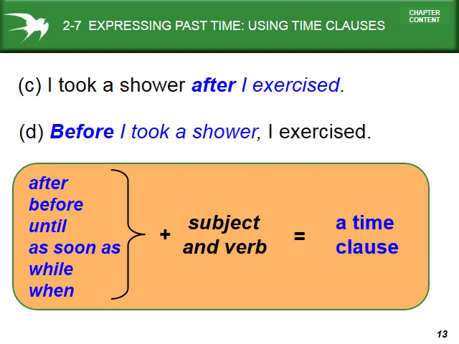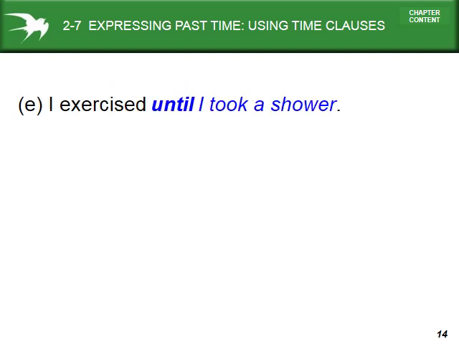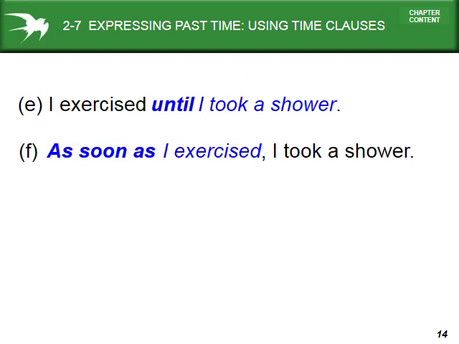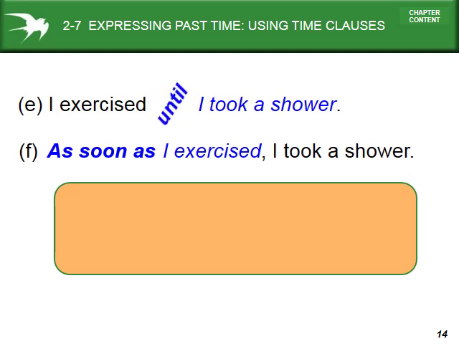Now, we have all of these different time words: after, before, until, as soon as, while, when. But we put them before a subject and a verb, and that's how we create a time clause. So here, I exercised until I took a shower. As soon as I exercised, I took a shower. Okay?